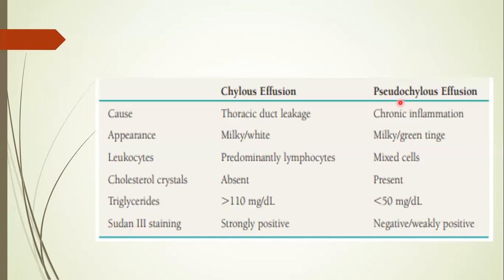Pseudochyle, being a marker of chronic inflammation, does not have anything to do with carrying fat to the circulation, which is the function of the chylomicrons seen in the chyle. That's why your pseudochylous effusion would give us a negative, rarely weakly positive, result for fat stain using Sudan dye.